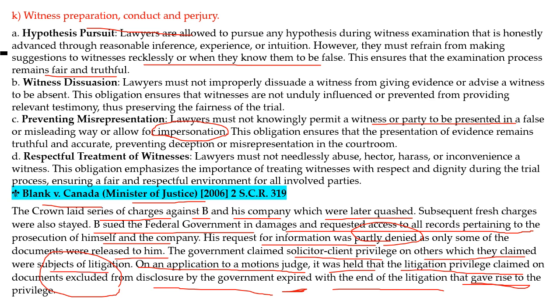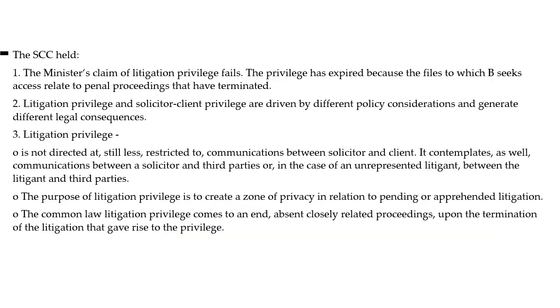The government here has to provide all the documents that the party asked for. The minister, who was claiming on behalf of the government, failed in his claim of litigation privilege. The privilege has expired because the files to which B seeks access relate to penal proceedings that have terminated.